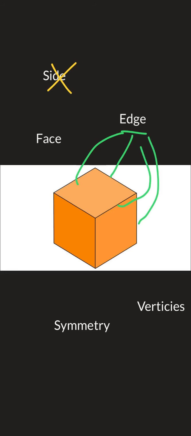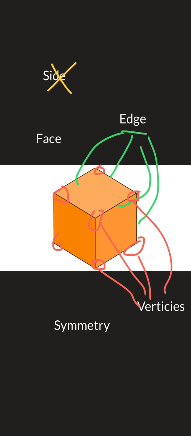You don't have to label every single edge, just enough to show that you know where they are on the shape. So then we can go to our vertices, and again I might circle some of the vertices. Again, you don't have to do this for every single one, just enough to show that you know what it means. And then I could draw some lines to show that those are the vertices.